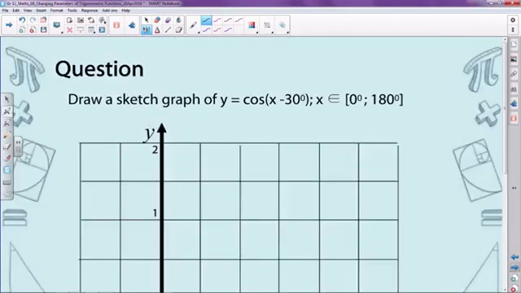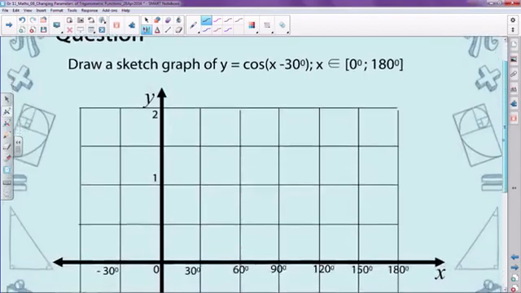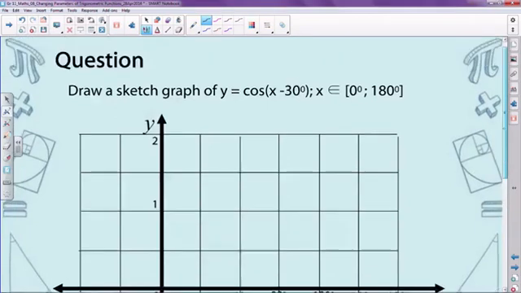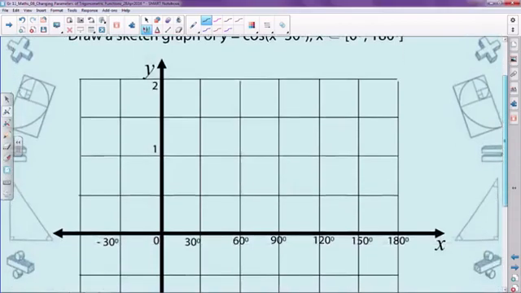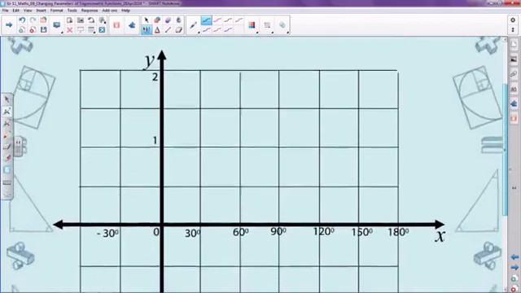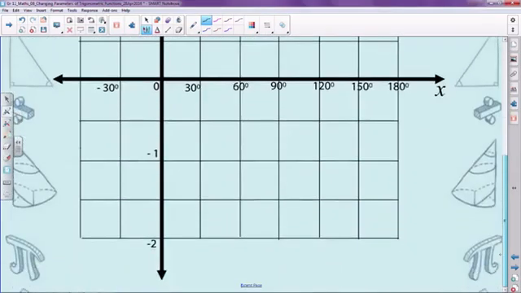Okay. Now, guys, I am going to give you this graph. You need to draw the graph of y equals cos(x minus 30) for x between 0 and 180 degrees, and then we're going to analyze it together. During break, discuss this graph with your mates, and then draw that particular graph.